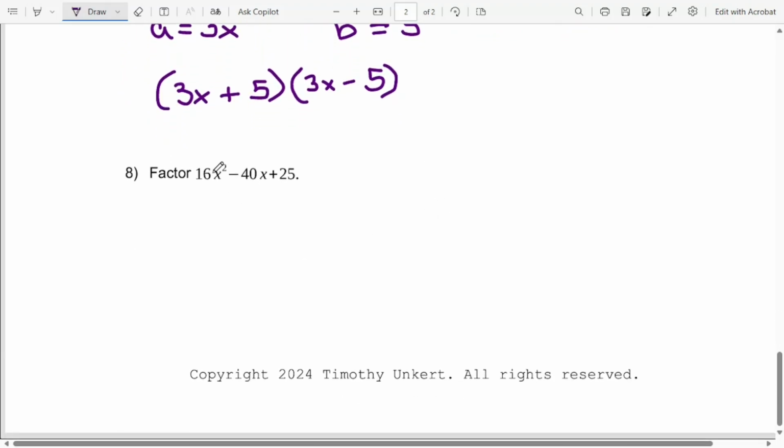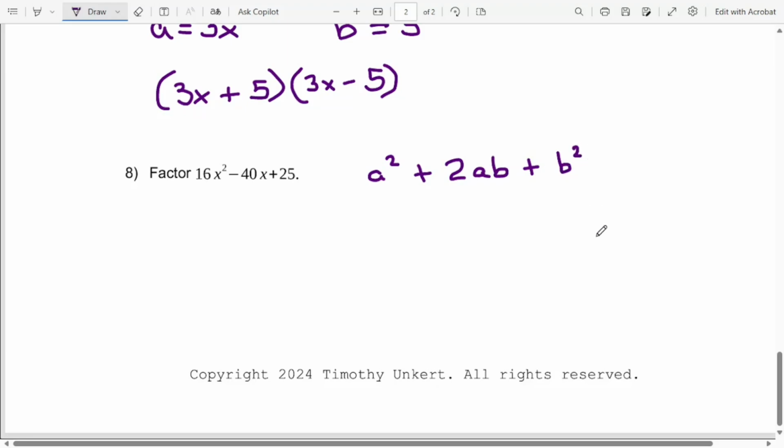This last one here, I assume it's a perfect square trinomial, but let's check. So it's going to fit the format a squared plus 2ab plus b squared.